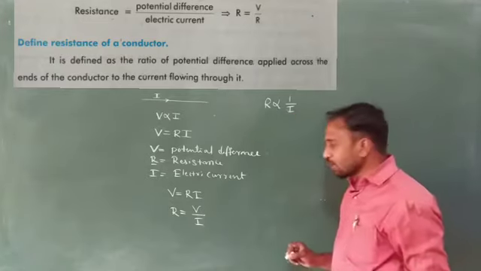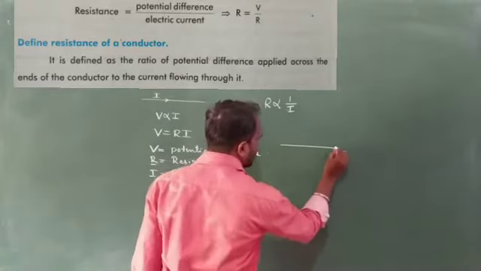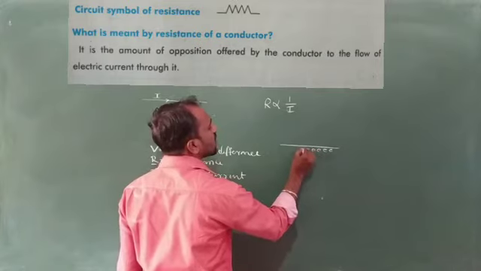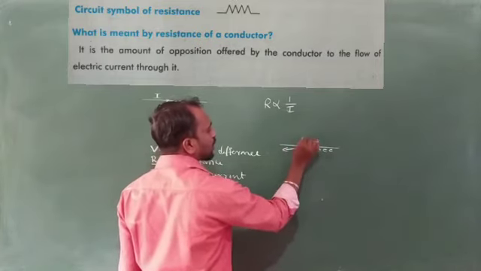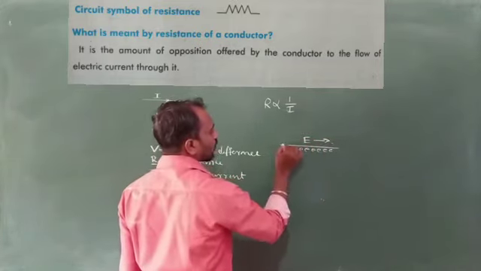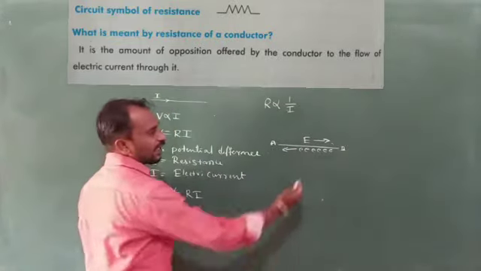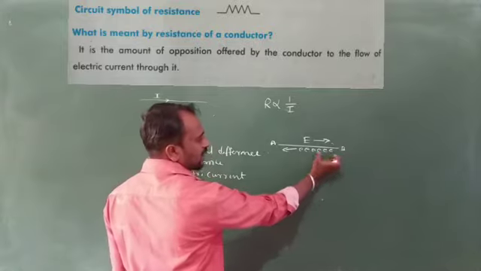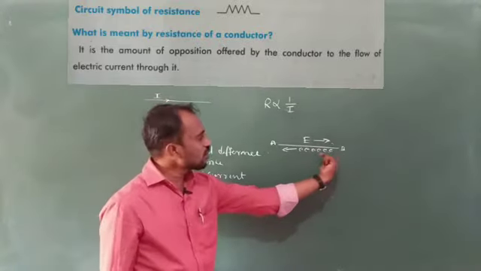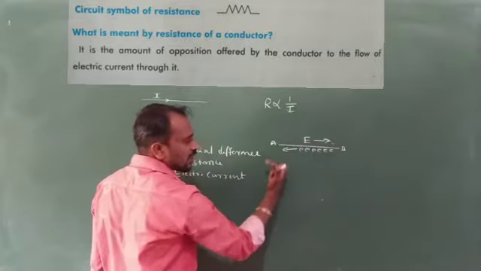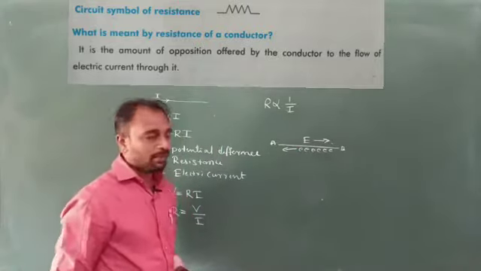Suppose, for example, we consider a conductor AB, and a number of electrons are moving through this conductor in a particular direction, in particular order.